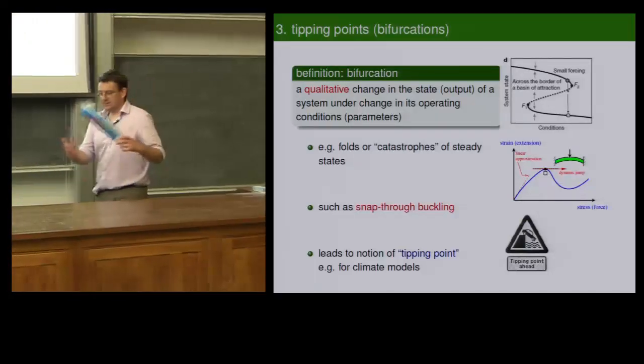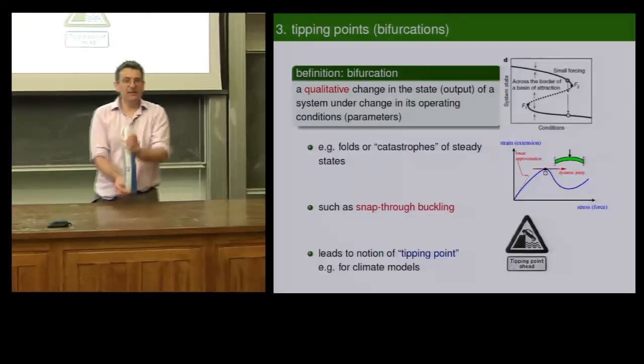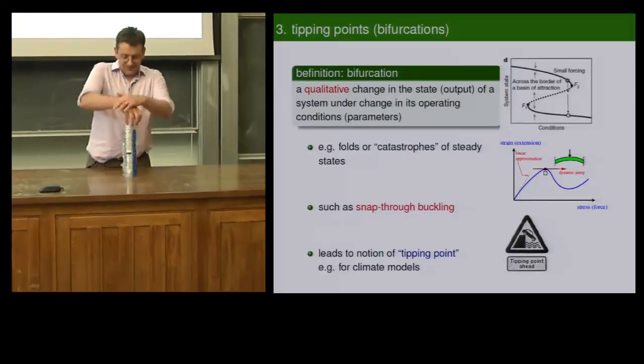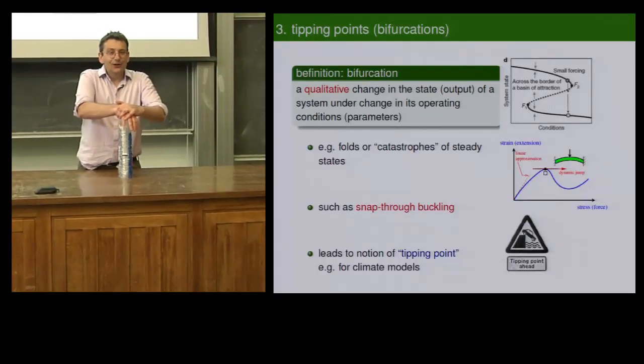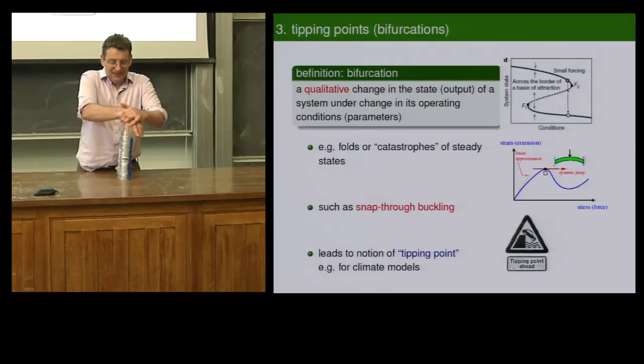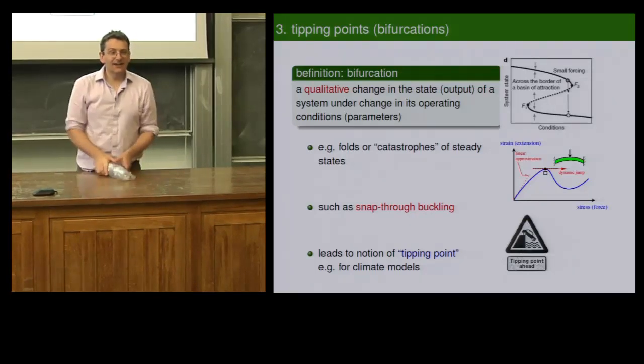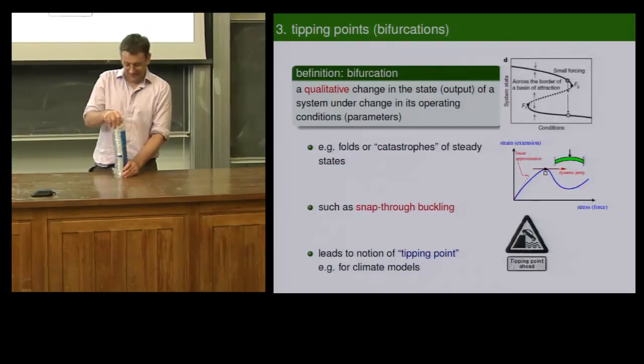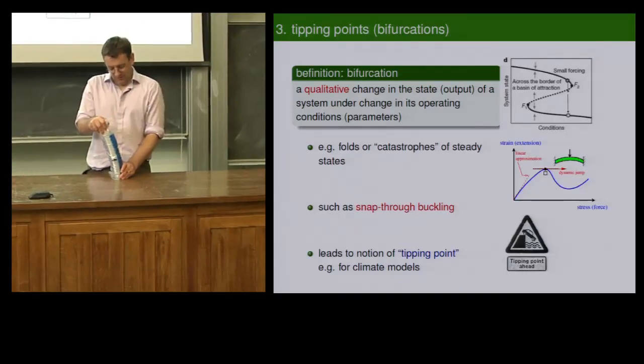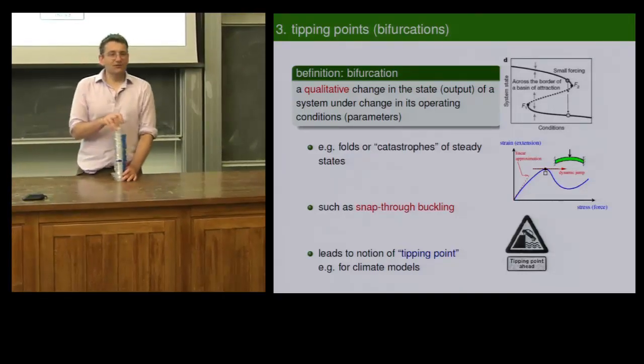Imagine this is a beam here. This beam can take some load. This beam will take a certain amount of load before it'll buckle, right? And that's a tipping point. Now this is a rather horrible buckle. It's sort of flipped over or whatever.